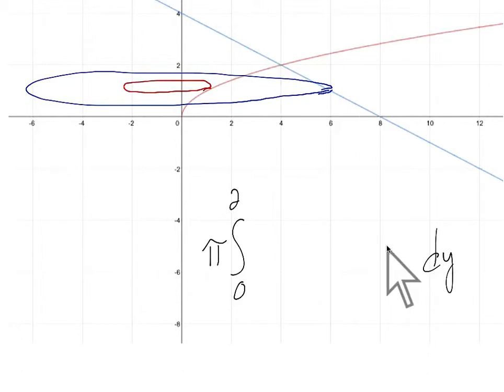so that we remember that each one of these washers we have here is dy thick. Let's see if I can draw a little thickness to our washer. And there's a little thickness on the inside here.